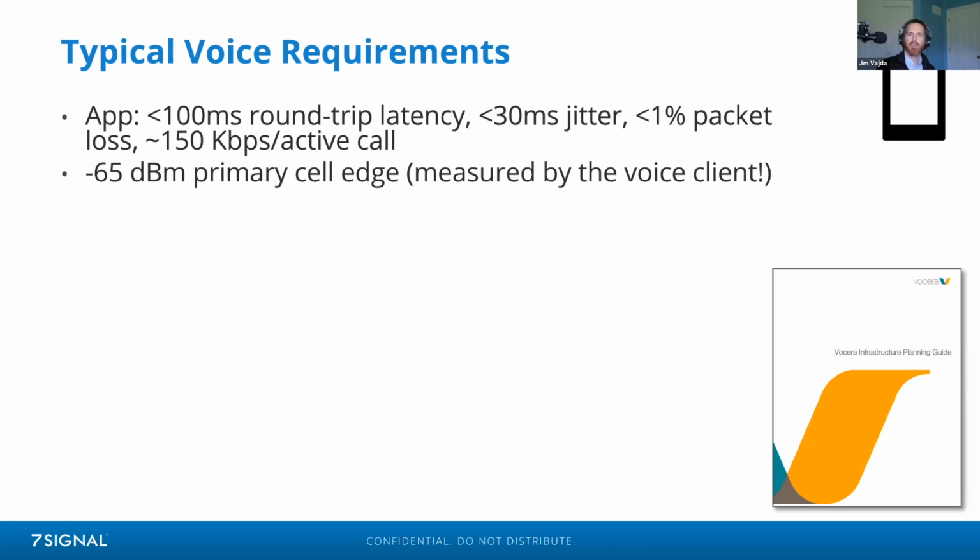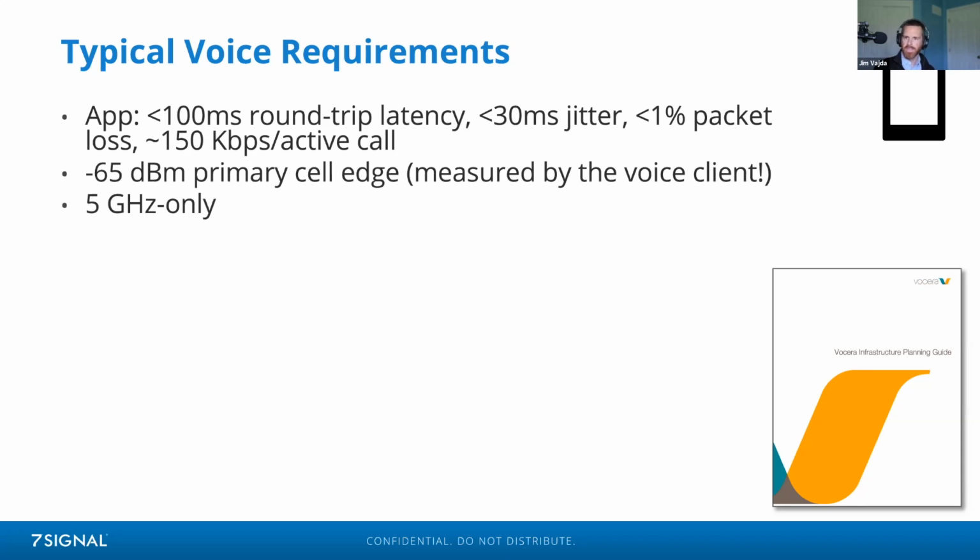Because the voice client is probably a handset, like this, that doesn't have the sensitivity and antenna performance of a survey instrument. So we want to meet that RSSI requirement and make sure that the client itself is seeing that in its own configuration.